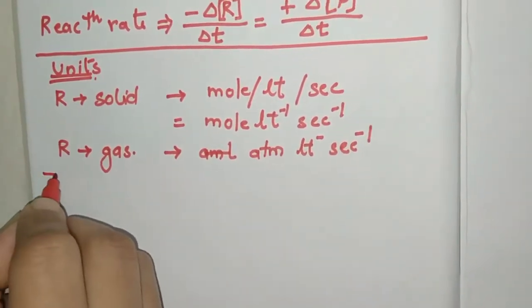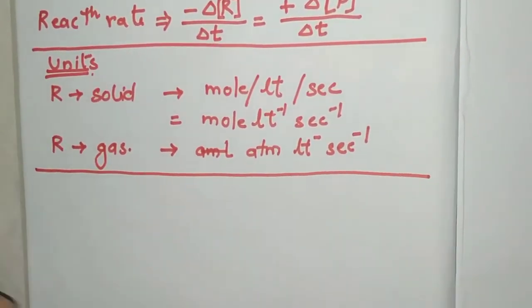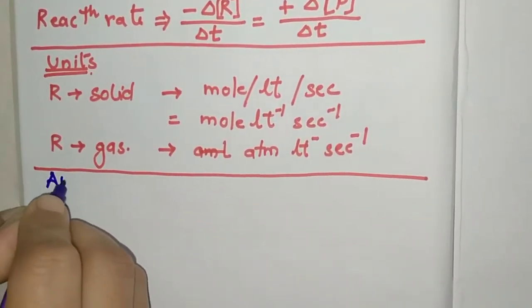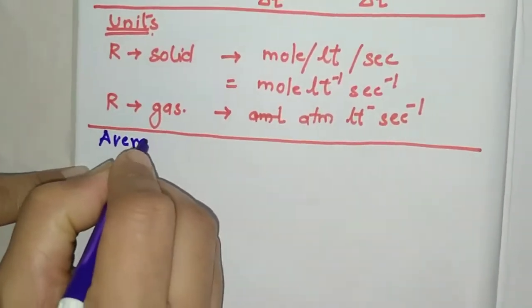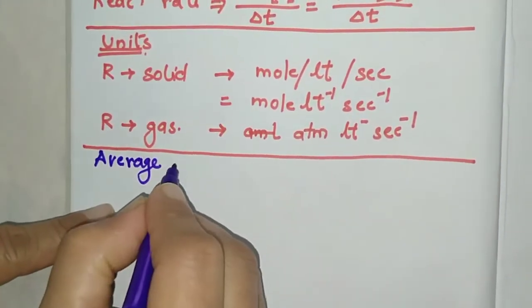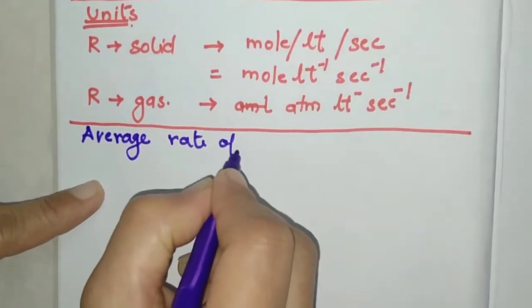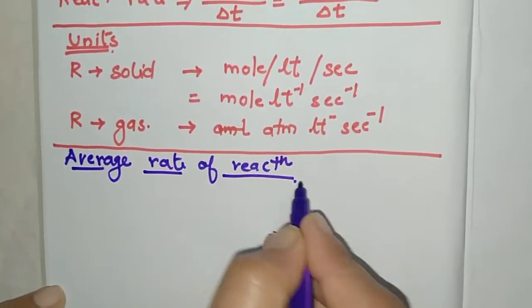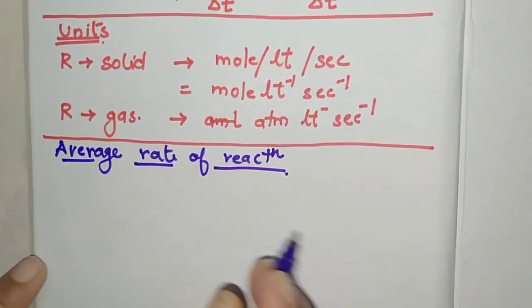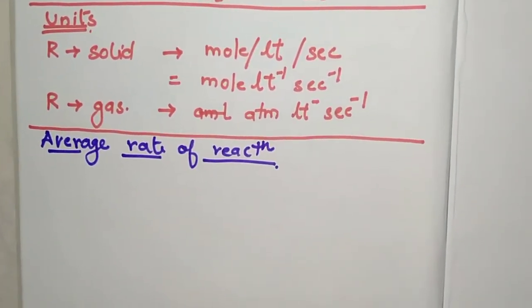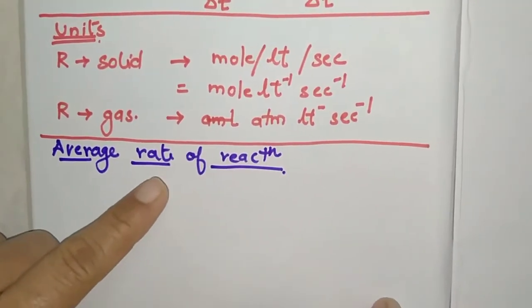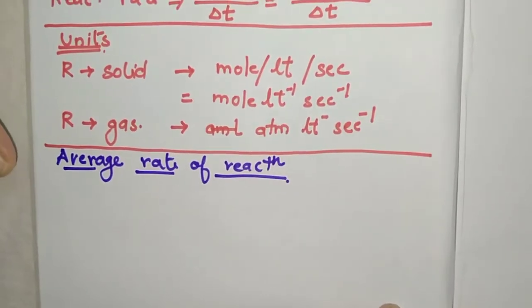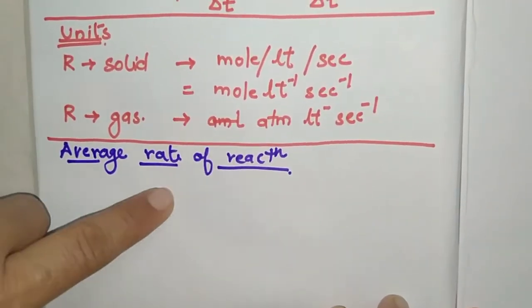Now what is average rate of reaction? The difference between the rate of reaction and the average rate is only this, that here we are taking the concentration and here we are taking the average change in concentration.